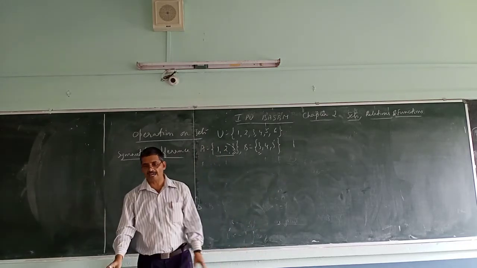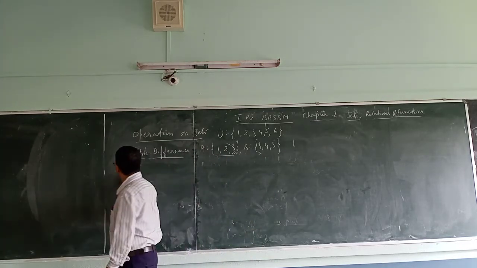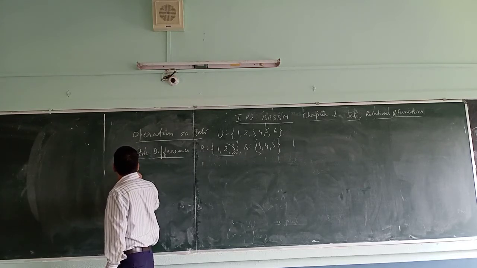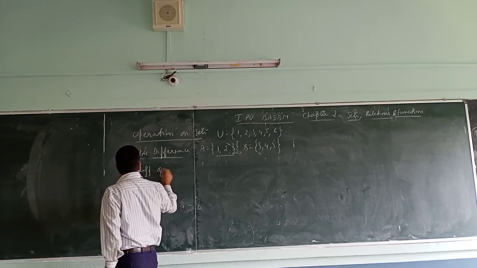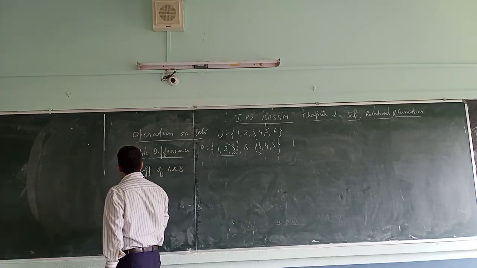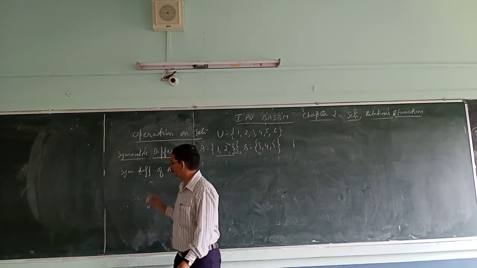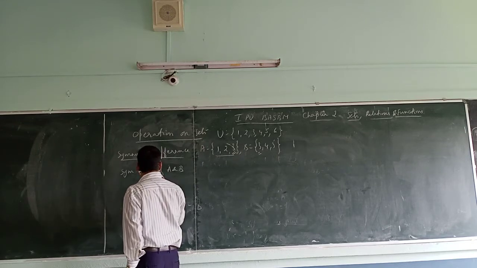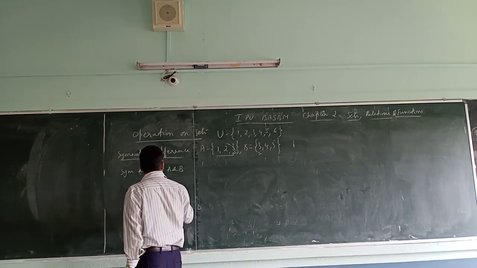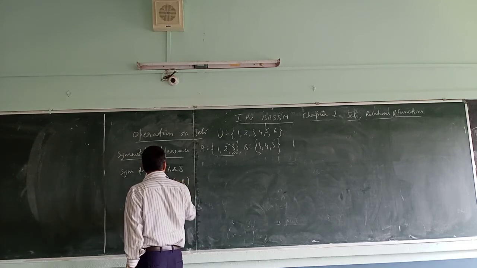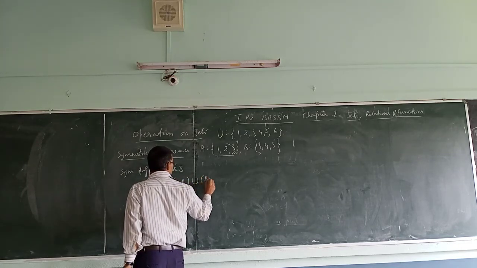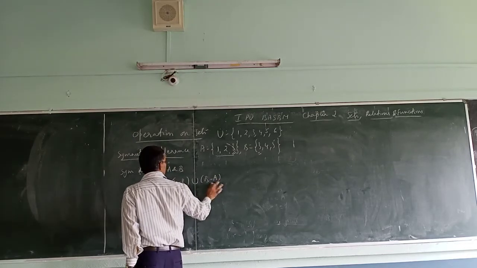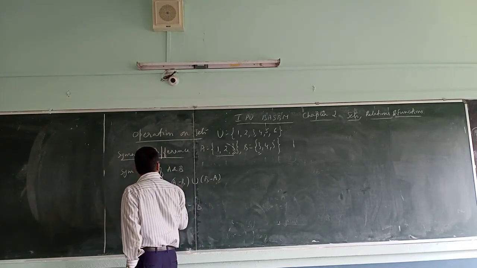The symmetric difference of A and B is given like this, with the delta symbol. A symmetric difference B equals A minus B union B minus A.